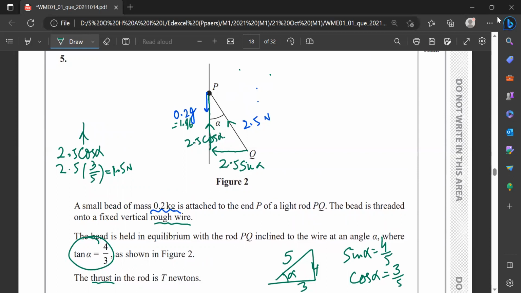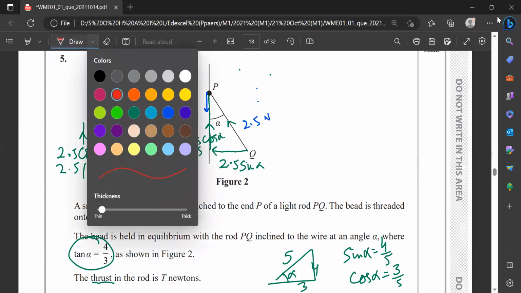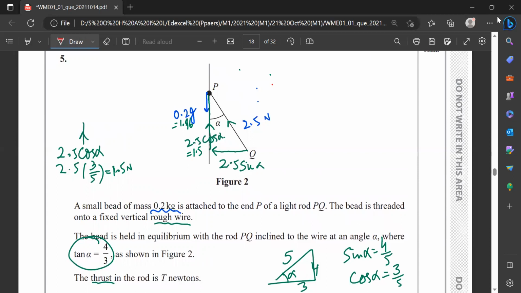So from this basic working, you can apply common sense: the downward force is 1.96 and 1.5 is the force acting in the upward direction, but it is in equilibrium. So there is a frictional force acting in the upward direction. So 1.5 plus friction can balance 1.96.